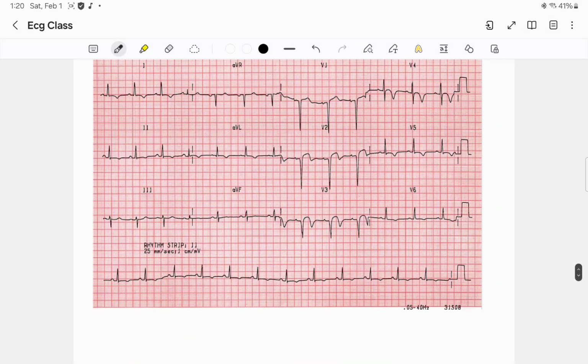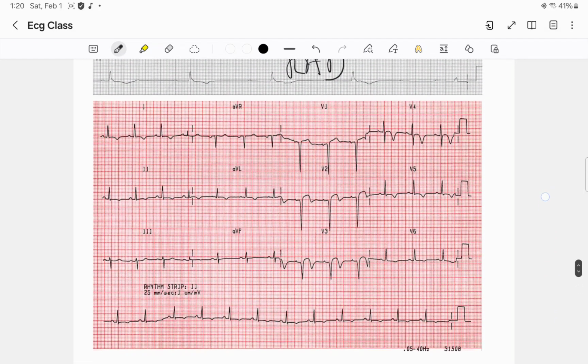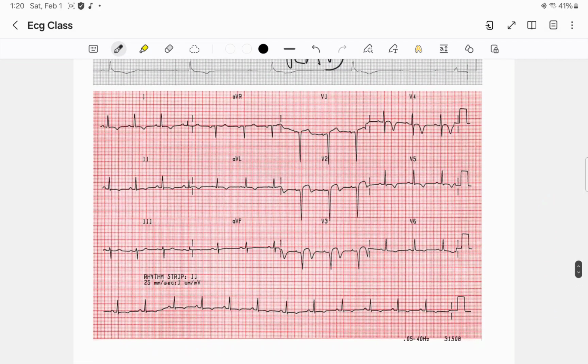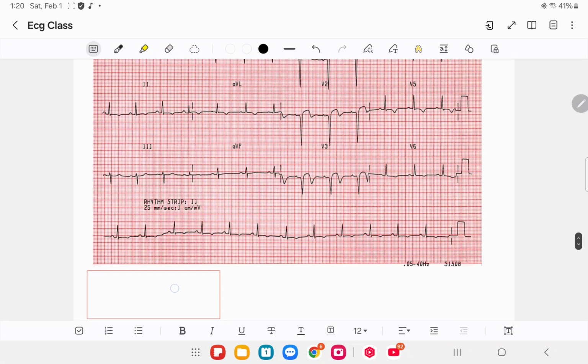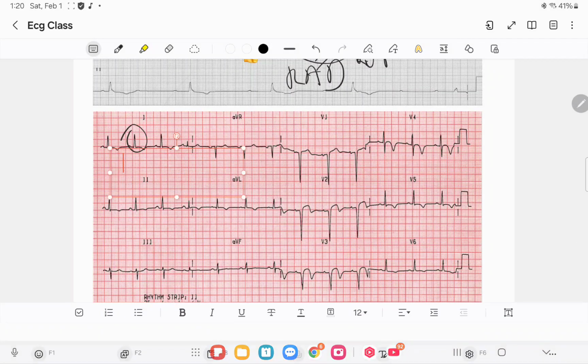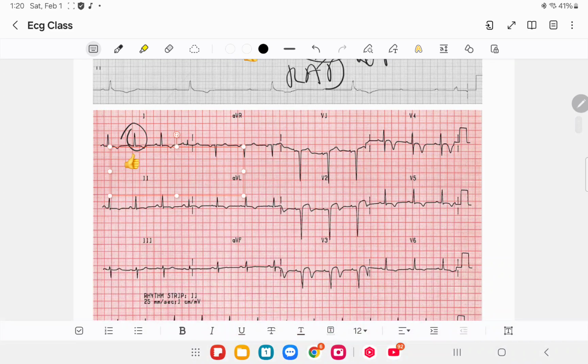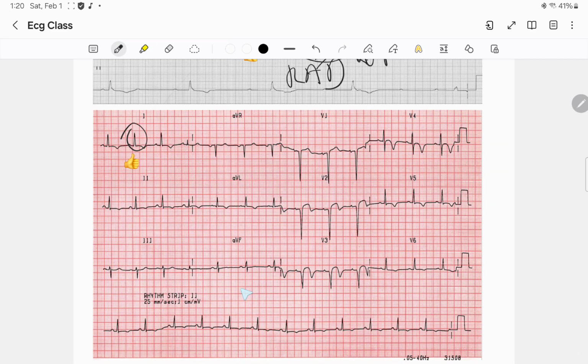Okay, let's go. Is this the last one? Yeah, it's the last one. Okay, so let's do this one. So lead 1 is predominantly positive. Alright, so thumbs up. Cool. And lead AVF is predominantly positive as well.